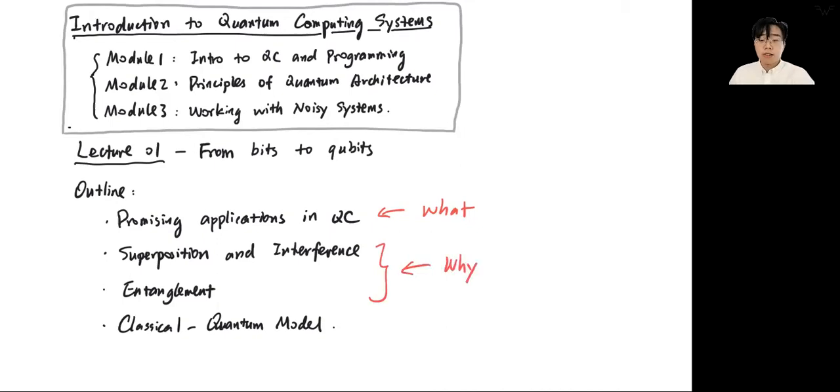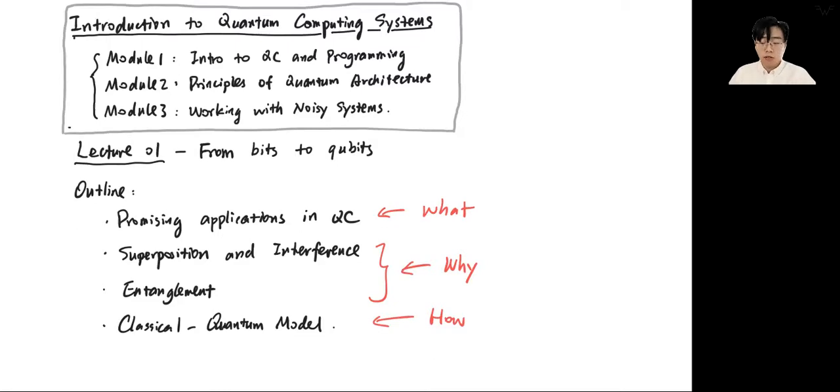Why is quantum computer faster than classical computer? Why do we build one? And lastly, how do we build a quantum computer? Both from the conceptual, theoretical level, as well as the realistic, physical or architectural level.